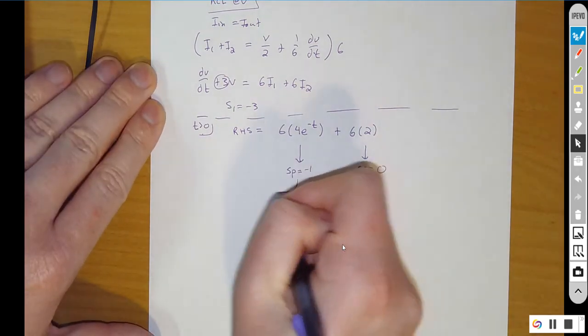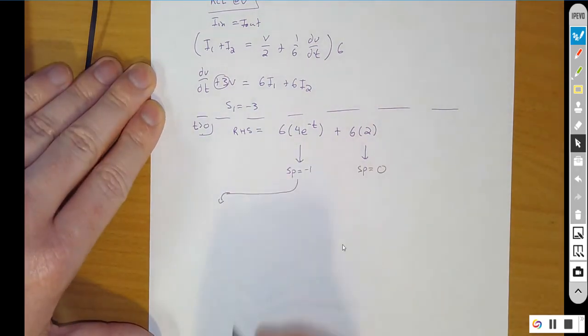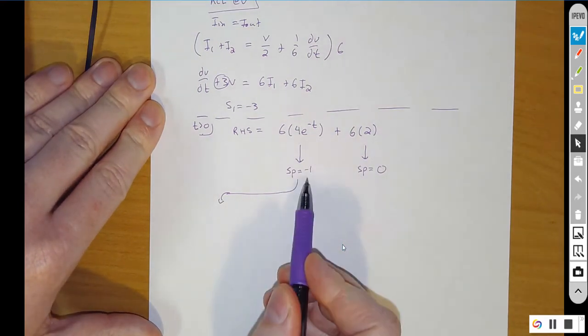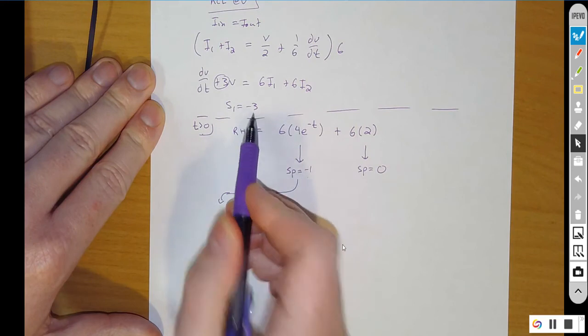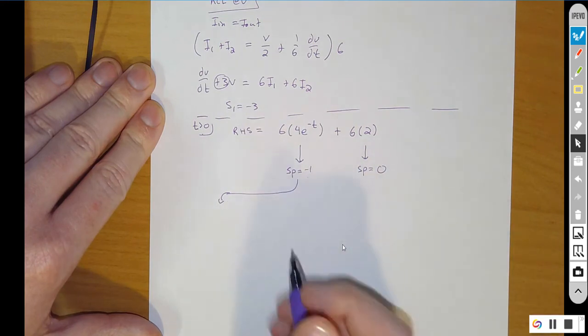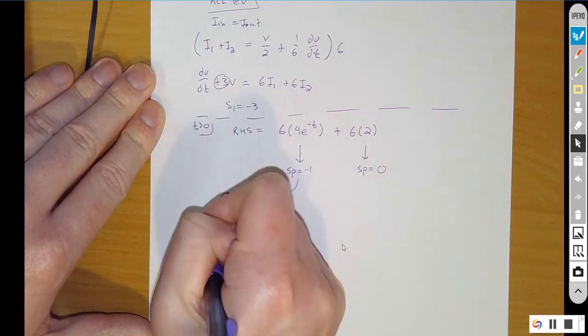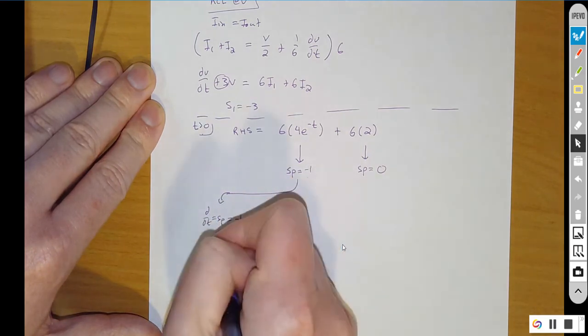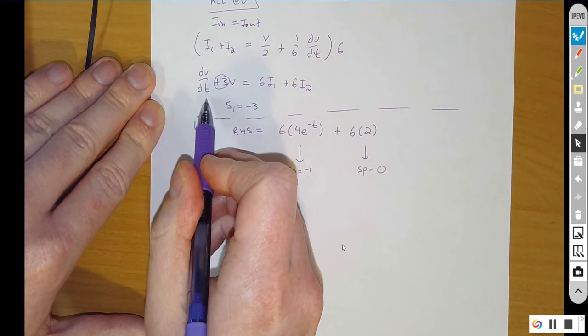So if I look at just the case when SP is equal to -1, then I'm going to do my substitution. Again, this -1 does not match this -3, so substitution is okay. So we're going to say that d/dt is equal to SP, which is equal to -1, and we're going to bring down our differential equation with our substitution.